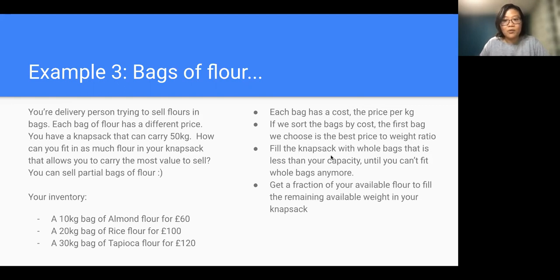And then you fill the knapsack with whole bags because it's easy. You don't need to faff around with packaging flours. And when you have capacity left, you can take part of a bag of the next most valuable flour. So you can get a fraction of your available flour to fill the remaining weight of your knapsack.